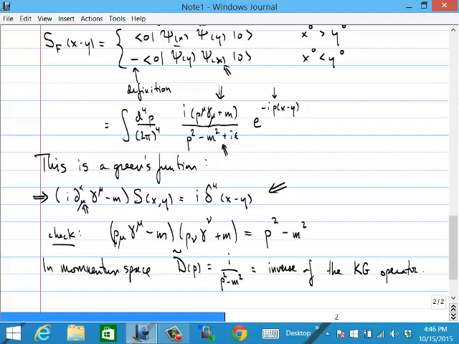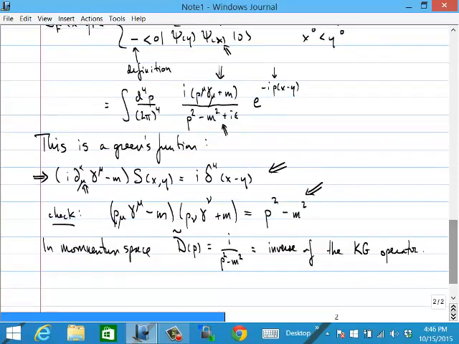And in fact, it's easy enough to convince yourself using this argument right there that as an operator, the spinor propagator is also the inverse of the Dirac operator, right? Because how did we write it? We wrote it as i (p mu gamma mu plus m) over p squared minus m squared.